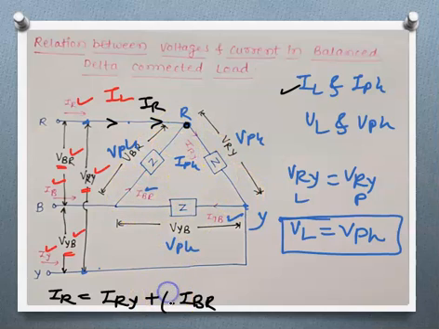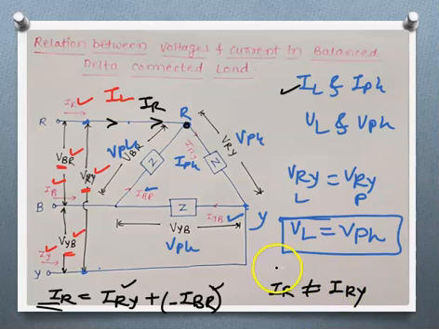That means we have to write minus IBR. So IR is not equal to the phase current. IRY is one phase current, IBR is the second phase current, and the resultant of these two is our line current. So we cannot say that IL is equal to IPH as we say in case of star connected load. In delta connected load, IR is not equal to IRY, or we can say IL is not equal to IPH.